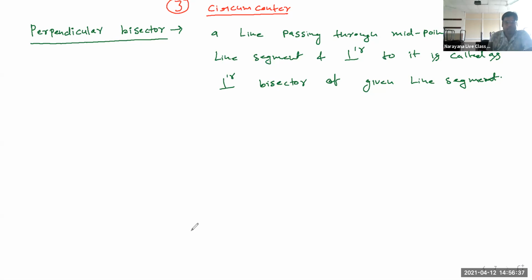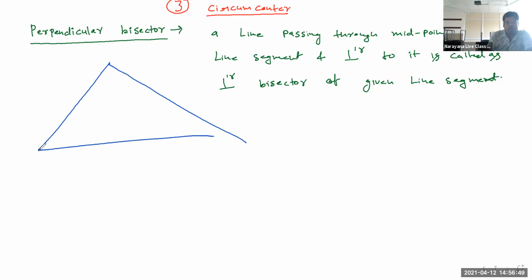So just draw a triangle. I'm just drawing a triangle. Okay, so this is the triangle, or this is triangle A, B, C. So this is ABC triangle.